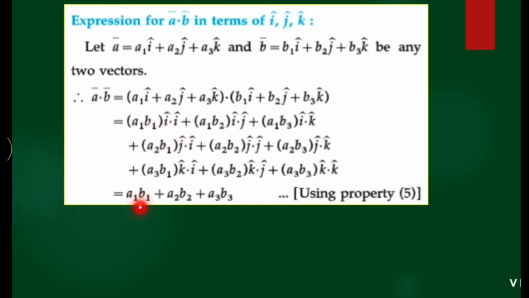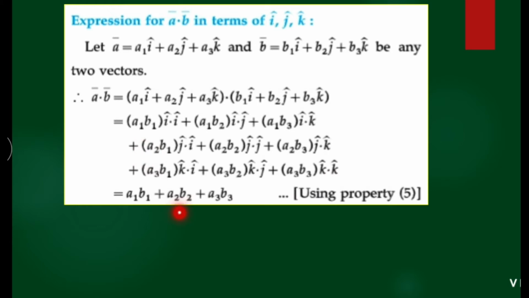So we write the first term. The next terms are 0, because i dot j is 0, i dot k is 0. Similarly here j dot i is 0, here j dot j is 1, so we write a2 b2 into 1 as a2 b2, and then k dot i is 0, k dot j is 0, last k dot k is 1, so we write here a3 b3 into 1 as a3 b3.